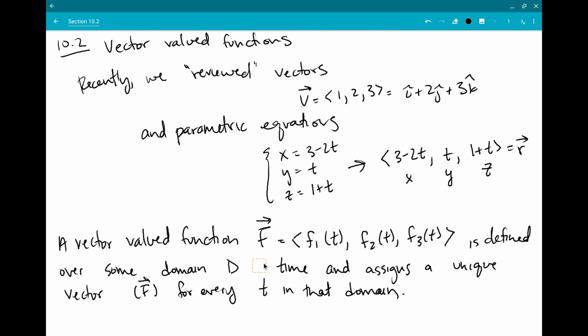And so I'm going to erase this "of time" right here because it becomes a little redundant with the way I ended that sentence.